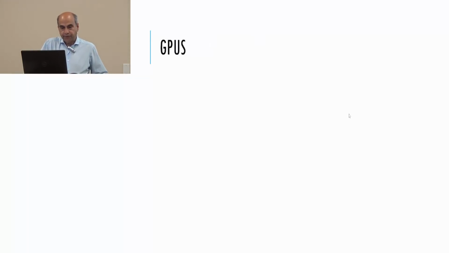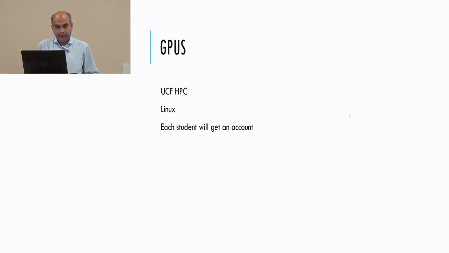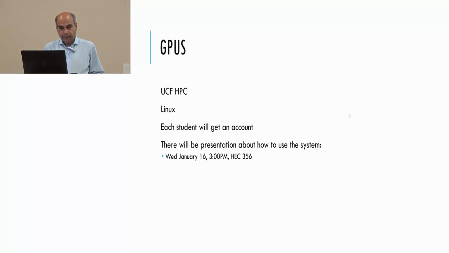Since we are going to use deep learning, you will need GPUs, which many students don't have. So we will provide accounts at the UCF high performance computing cluster, and that will require some experience in Linux. Each student will get an account.